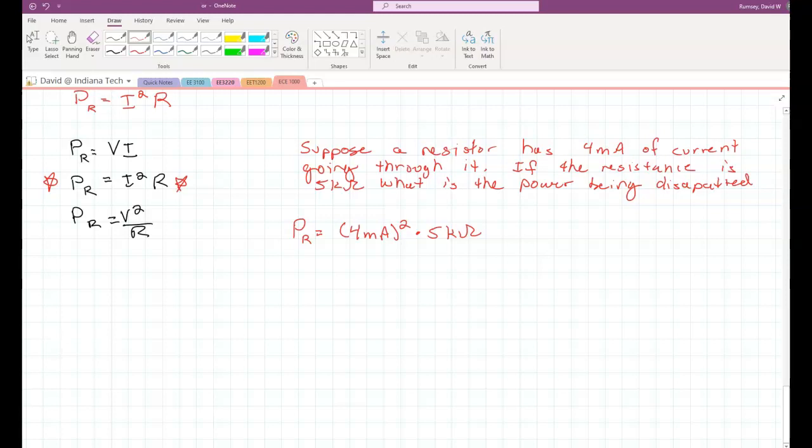So, how are we going to do that? Well, this would be 4 squared times milliamps squared, because the units get squared as well, times 5 kiloohms.